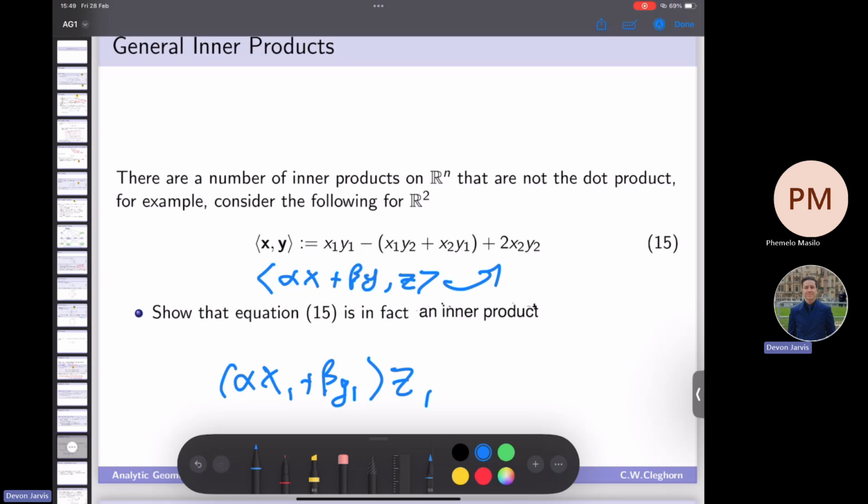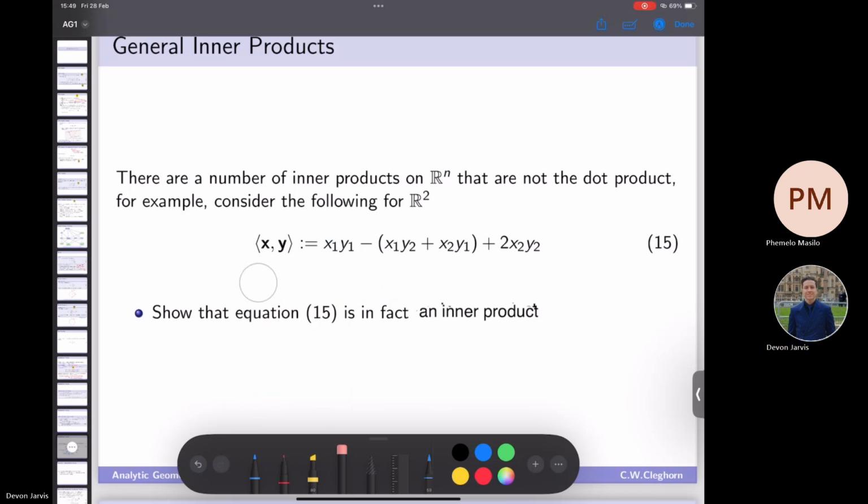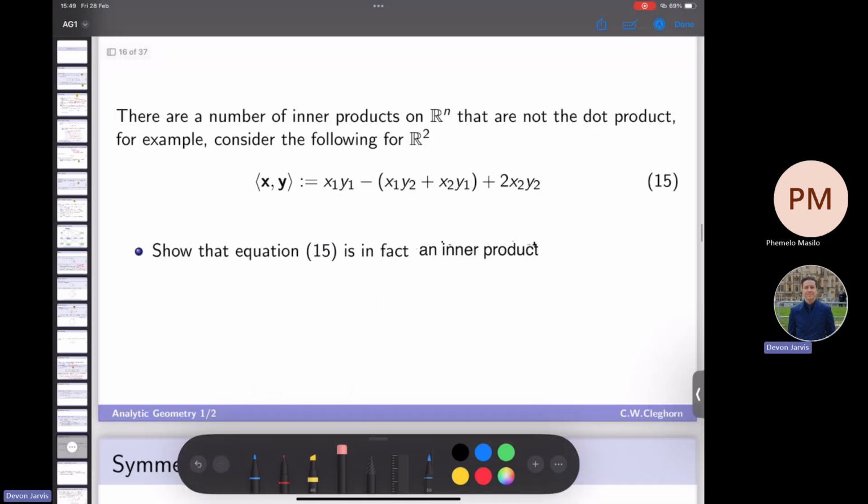This glob over here, call it star, replaces that x1 element, because that's what my first argument is. Then all you would do is FOIL this out and show that it works the same way as if I did alpha times the inner product of x and so on. I think you get the gist. There are also tutorials on this.